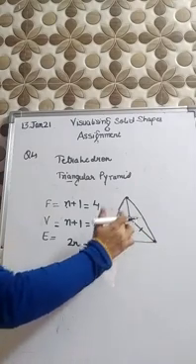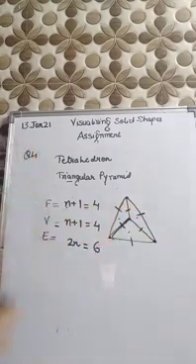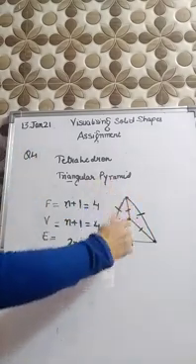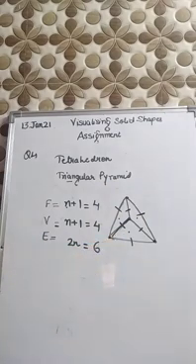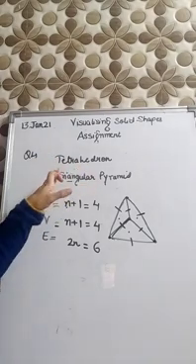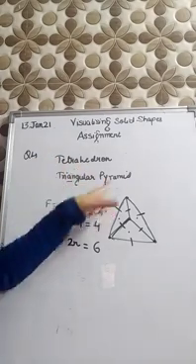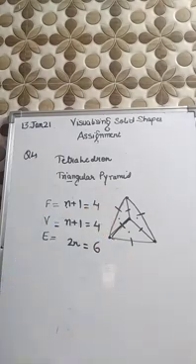So 3 edges are there in the base and the remaining 3 edges are on the upper triangles. So in this case you have 6 edges. So that's it for the tetrahedron. A tetrahedron is a triangular pyramid only if all the triangles in the triangular pyramid are equilateral triangles.